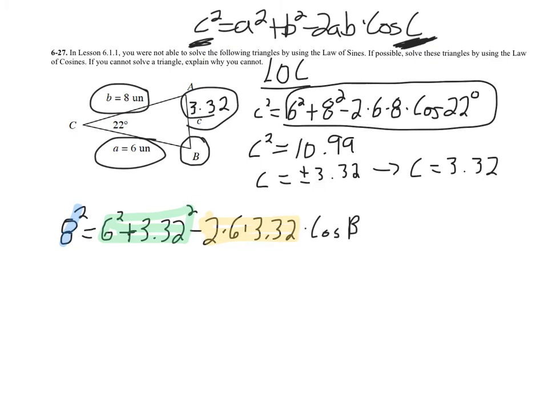And so I end up with 8 squared, which is 64, equaling 6 squared plus 3.32 squared, which is 46.99, minus 2 times 6 times 3.32, which is 39.84, times the cosine of B. Now we need to solve for the cosine of B. So I'm going to start by subtracting 46.99 from both sides.